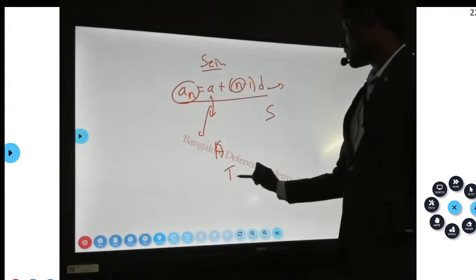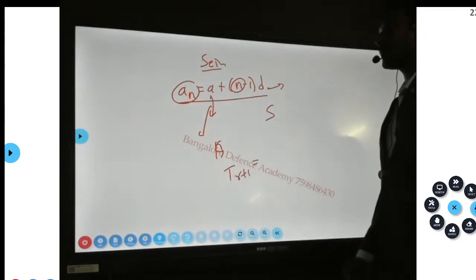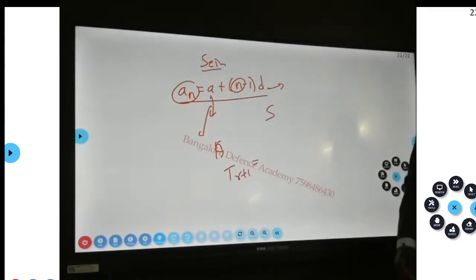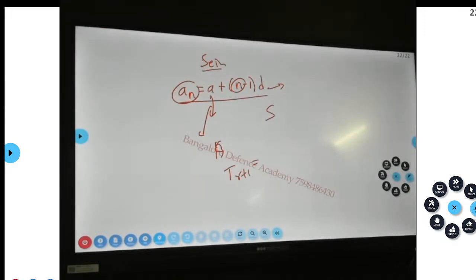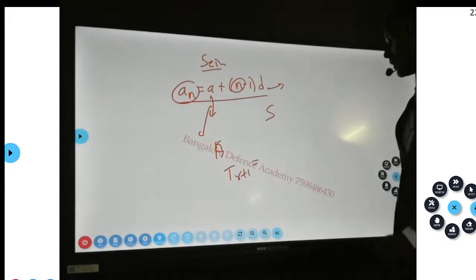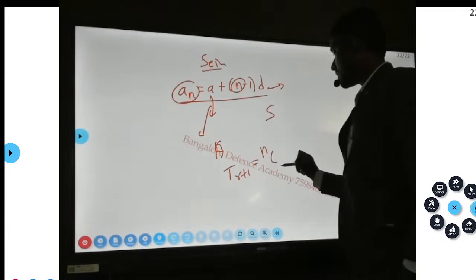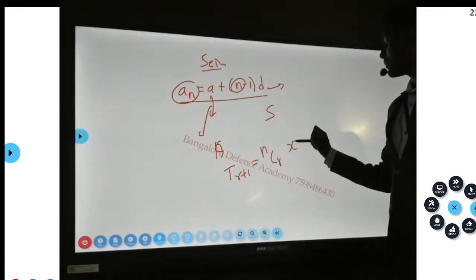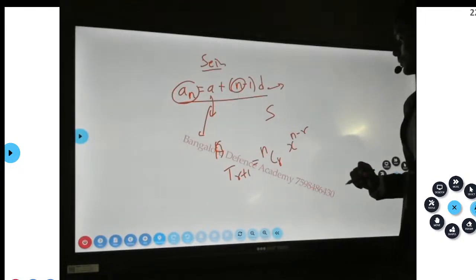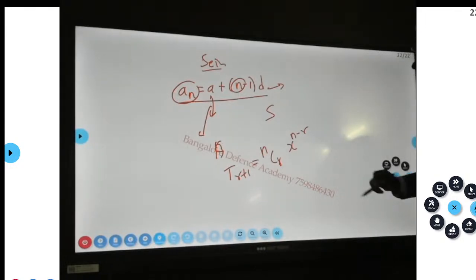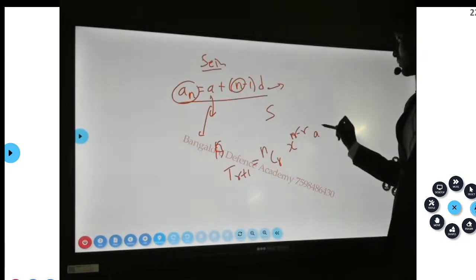In binomial theorem, T r plus 1. Write down the formula for T r plus 1. Yeah, anyone? nCr x to the power of n minus r, x to the power r, a to the power of... anything is the same.